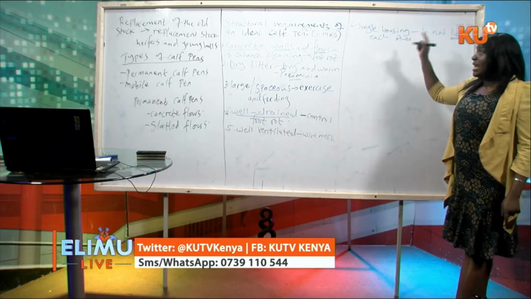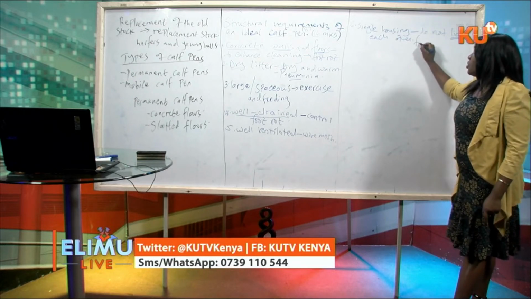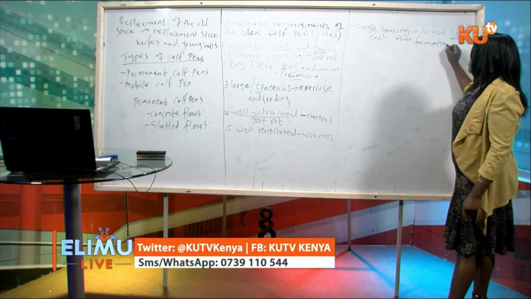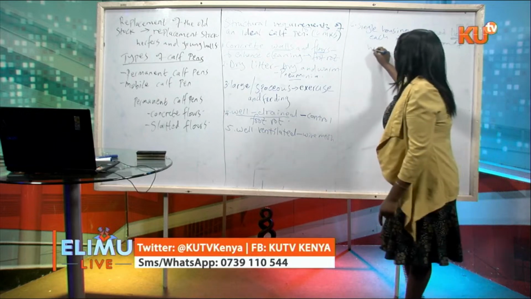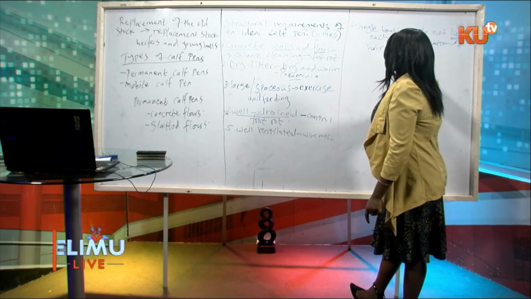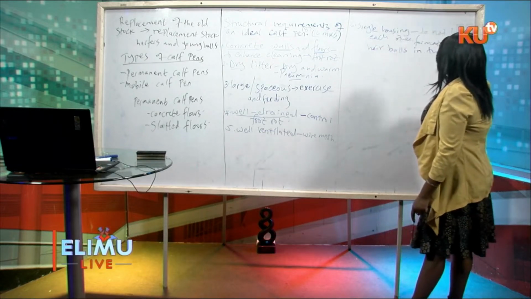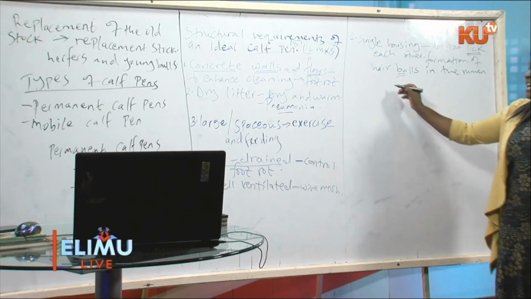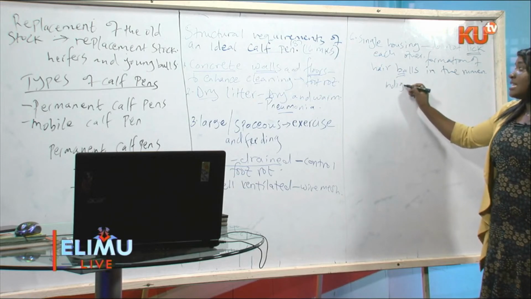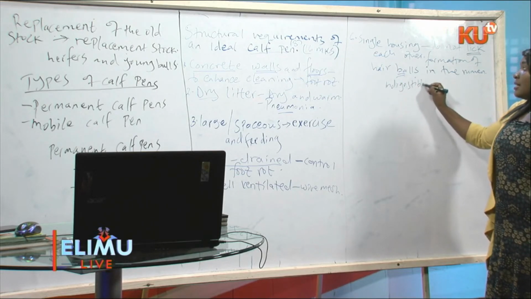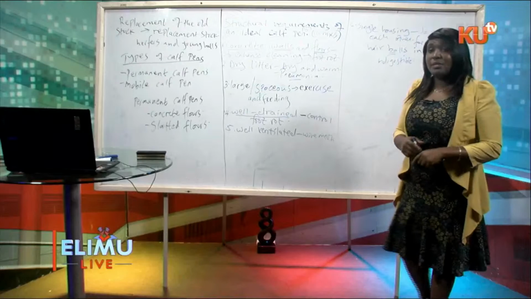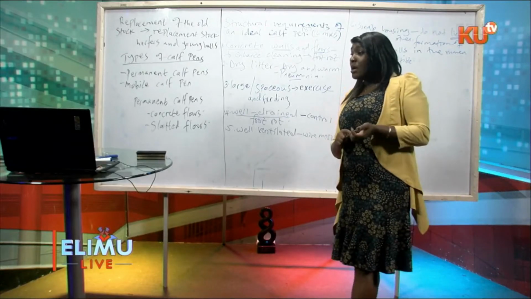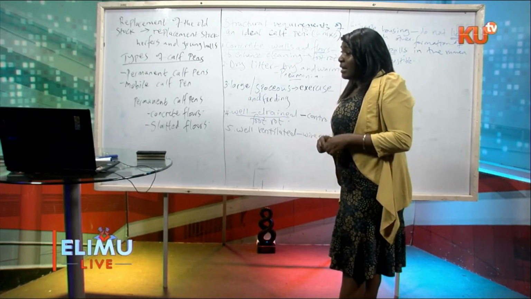Licking each other can lead to formation of hair balls in the rumen. And these hair balls are indigestible. They cannot be digested. And of course, a material that cannot be digested is harmful to anyone's life.